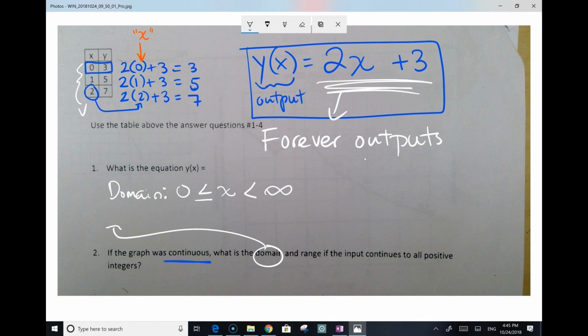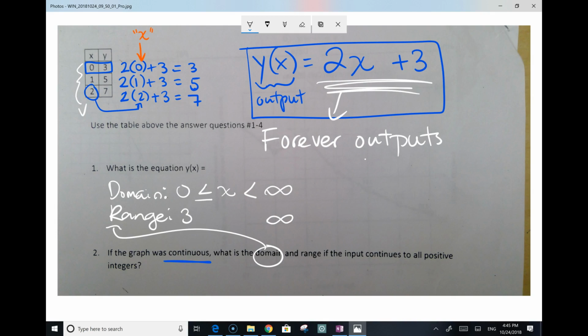So the range, or the outputs, which come from the domain or the inputs. My lowest range value, the value that corresponds with my 0, is a 3. That's my lowest value in the range. My highest value would also be infinity, because if your domain is infinite, that means your input can be limitless, and that means your output can also be limitless.